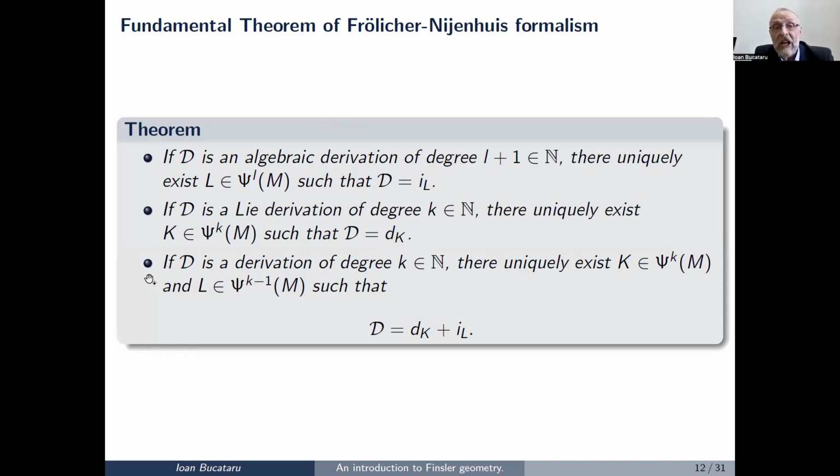More than that, any derivation of degree k decomposes into a Lie derivation and an algebraic derivation of corresponding degrees. If D is a derivation of degree k, it is a Lie derivation induced by a vector valued k form and an algebraic derivation induced by a vector valued form of degree k plus 1. Sorry, here it is k plus 1 because this has to be a derivation of degree k. Anyway, derivations are induced by vector valued forms.